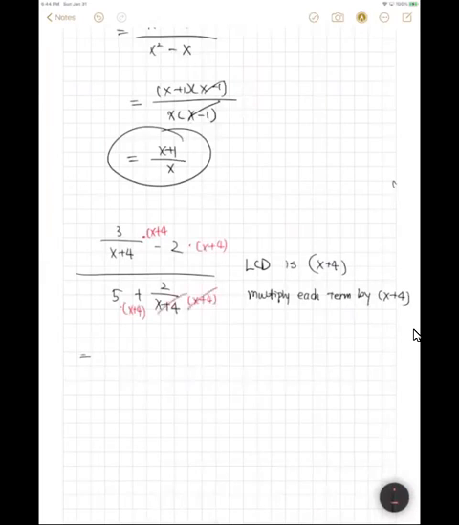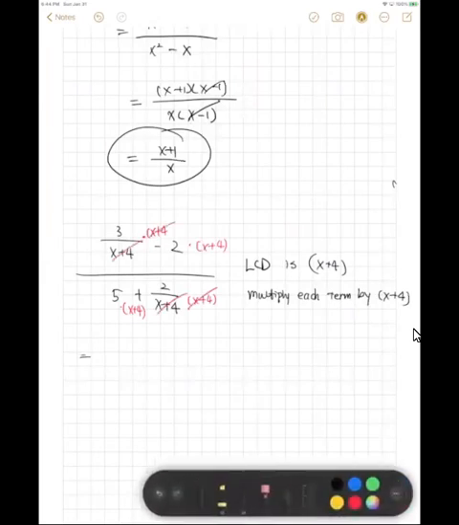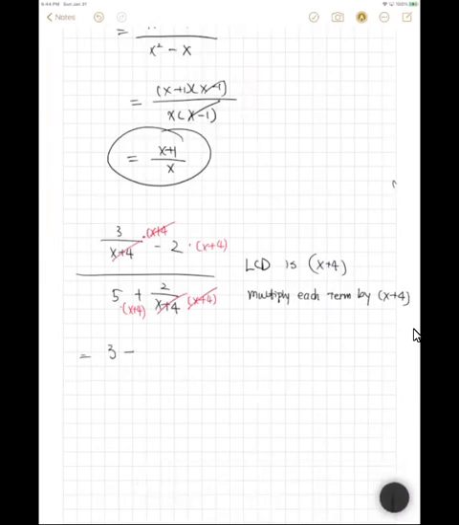Cross cancel, so I have 3 minus 2 times x plus 4 over 5 times x plus 4 plus 2. Now we can just simplify, combine the like terms.